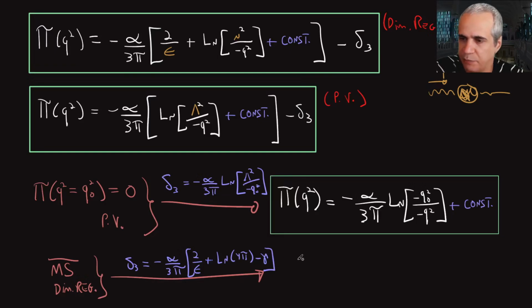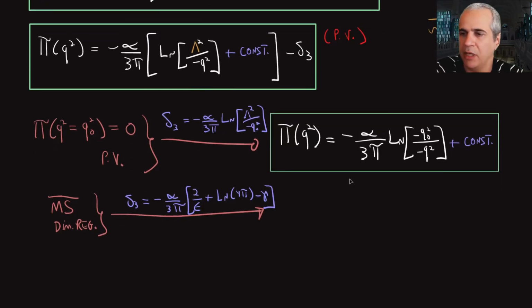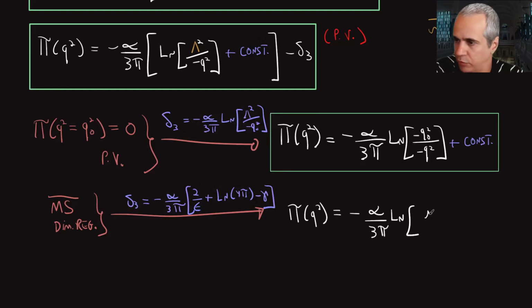In this case, pi becomes, I just have to subtract up there, right? It's really simple. This one is really simple operationally, right? It's just minus alpha over 3 pi log of mu square over minus q squared.